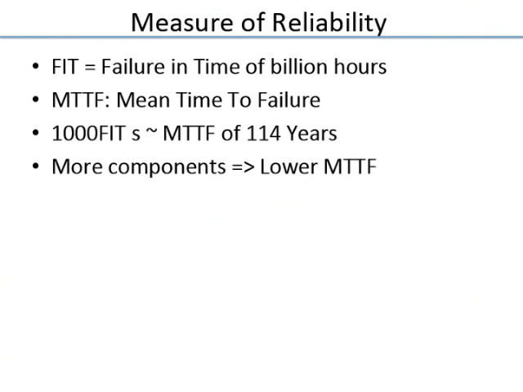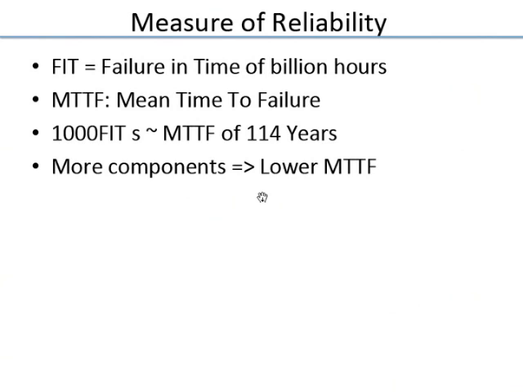Usually you measure this in terms of failure in time, over a billion hours of operation, and how many billions of hours does it take to fail? The time is measured in units of billion hours, and the mean time to failure is the inverse of that. So 1000 FITs means about 114 years.